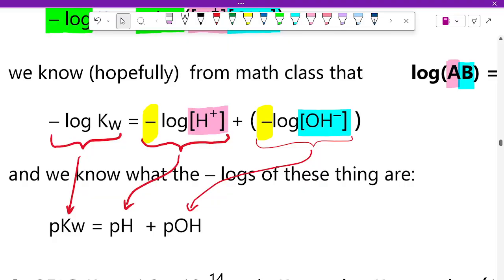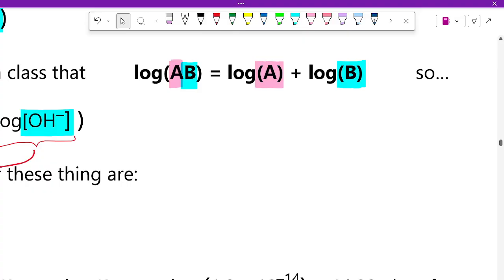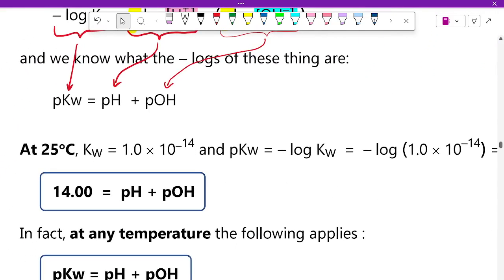KW is 1 times 10 to the negative 14. pKW is the negative log of KW, so it is the negative log of 1 times 10 to the negative 14, which is 14.00. At 25 degrees Celsius, you don't need to be able to do any of that stuff with the logs, it's just there because it's interesting.